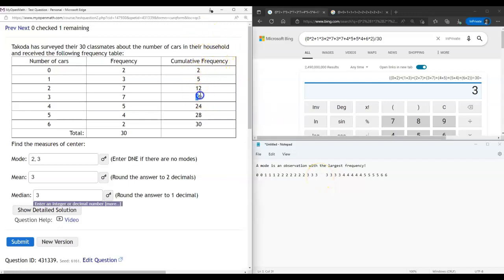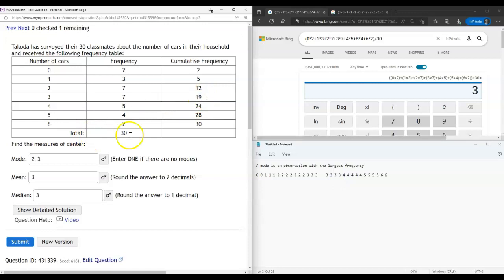We can now start looking at the cumulative frequency. So what does it mean that the cumulative frequency of 2 is 12? That means there are 12 numbers that include 0, 1, and 2. And what does it mean, the cumulative frequency of 3 being 19? That means there are 19 numbers up to 3.